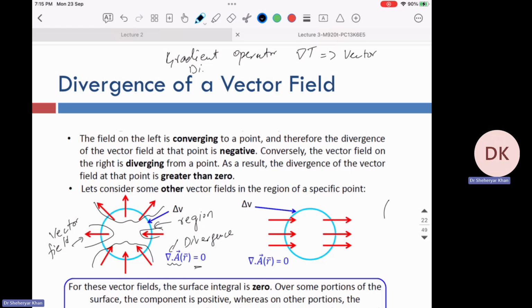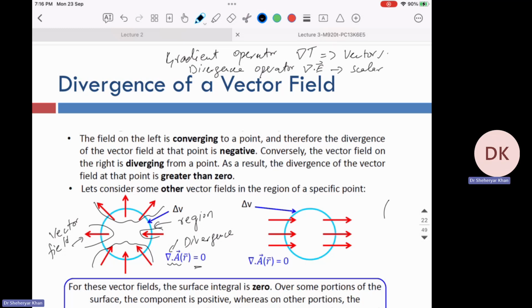Now we use divergence. The divergence operator is del dot E. The difference is, here T is scalar and the answer is vector. But here E is vector and the answer is scalar.